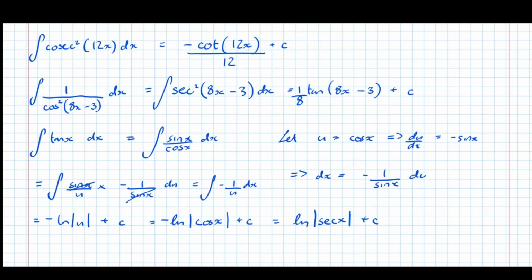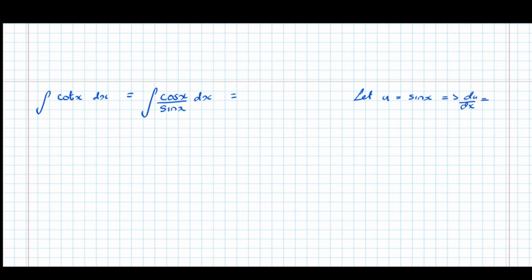So we'll keep going. Let's do, again, the integral of cot x. So the integral of cot x dx, using a similar method. So the integral of cos x over sin x dx, which is equal to, so let's do a substitution, let u equal sin x, which means that du by dx equals cos x, which means that dx equals 1 over cos x du.